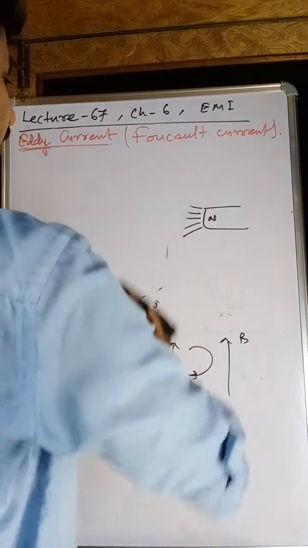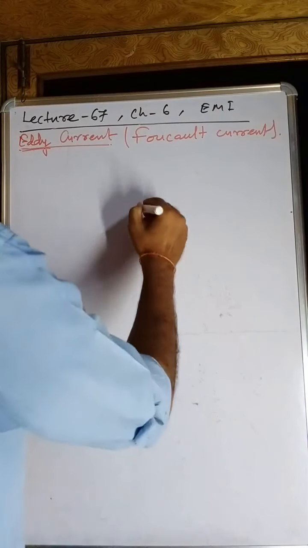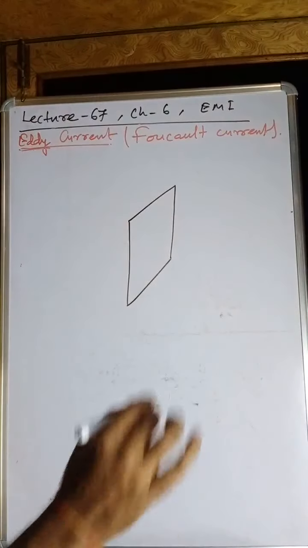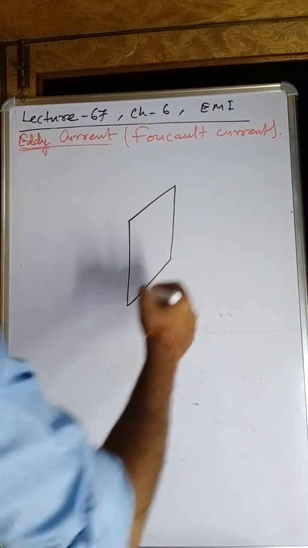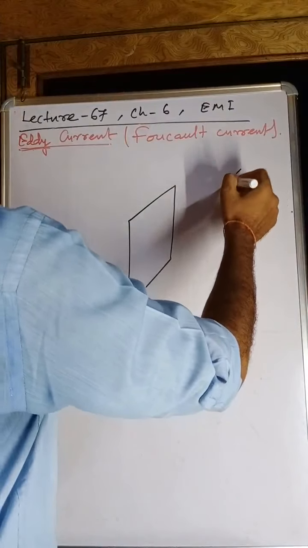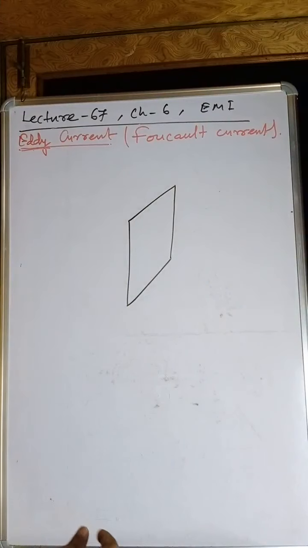But my dear student, suppose you have a metallic sheet, try to think, a metallic sheet in which electrons can move in any direction, the free electrons are there. This is the metallic sheet, and here the strong magnets are kept. Suppose this is the magnet.